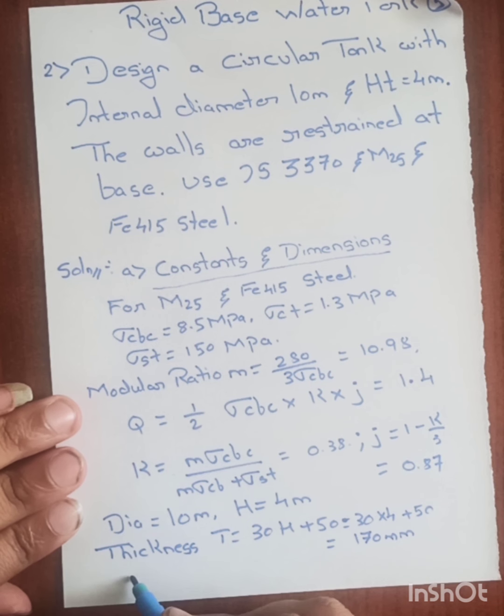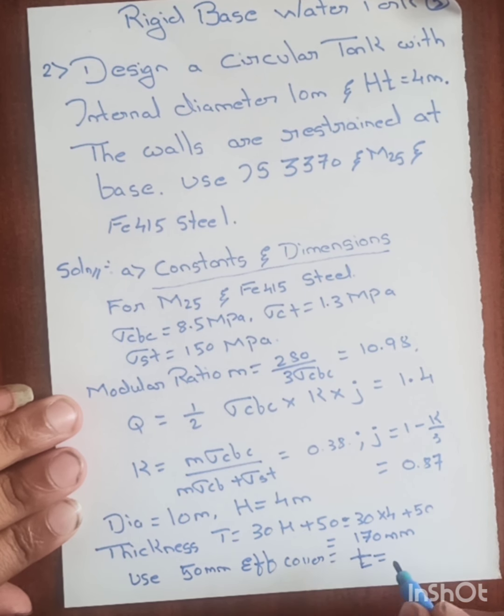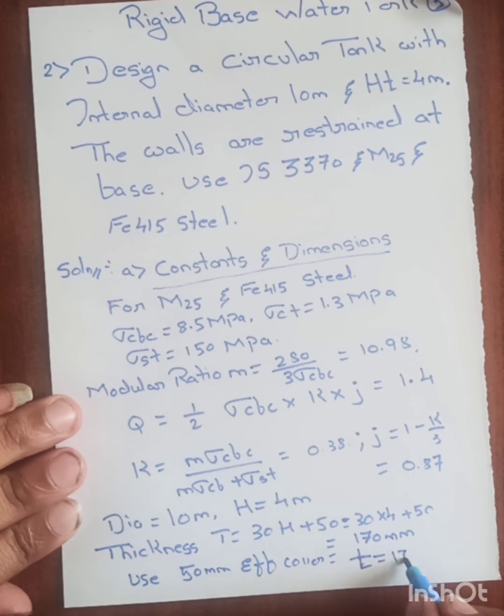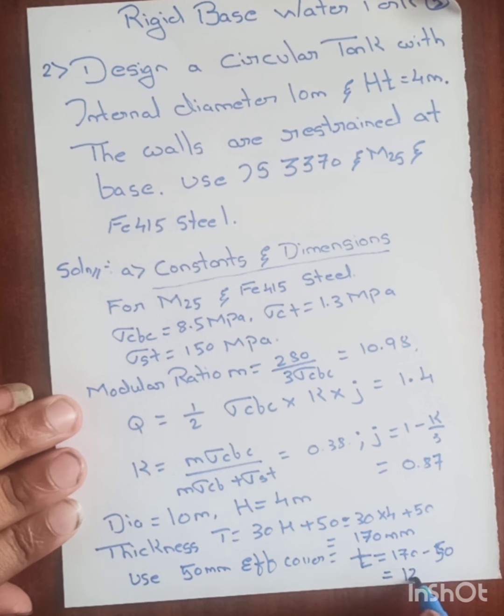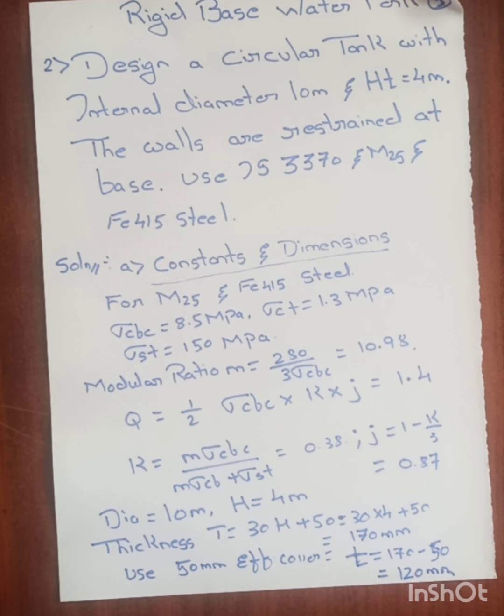So if we use 50 mm effective cover, so effective thickness, let me call it a small t, 170 minus 50, which comes around 120 mm. Here I have used the empirical formula, but I will be checking whatever thickness we have provided is safe or not once I find the moments.